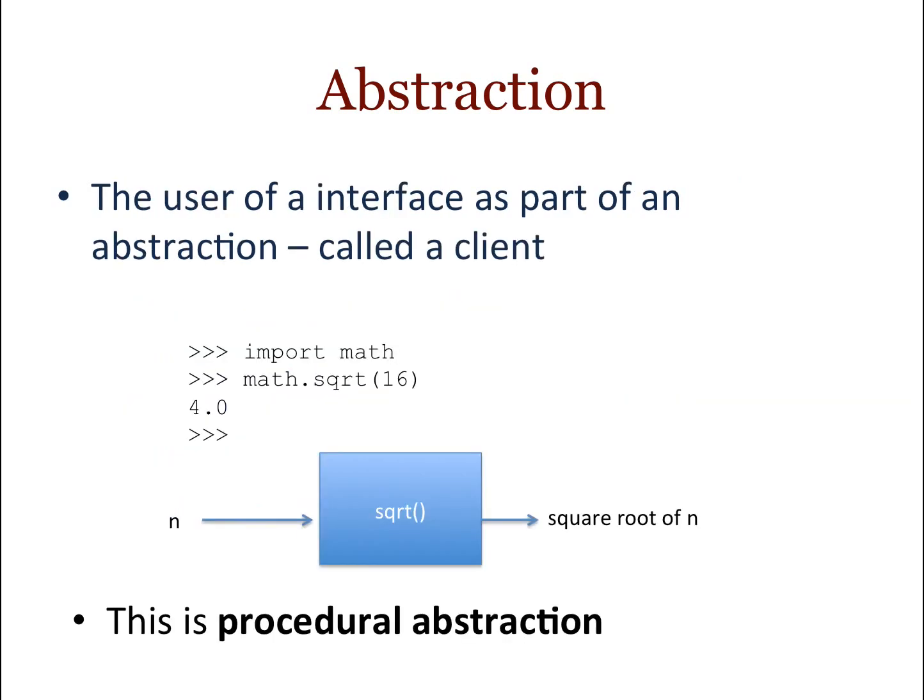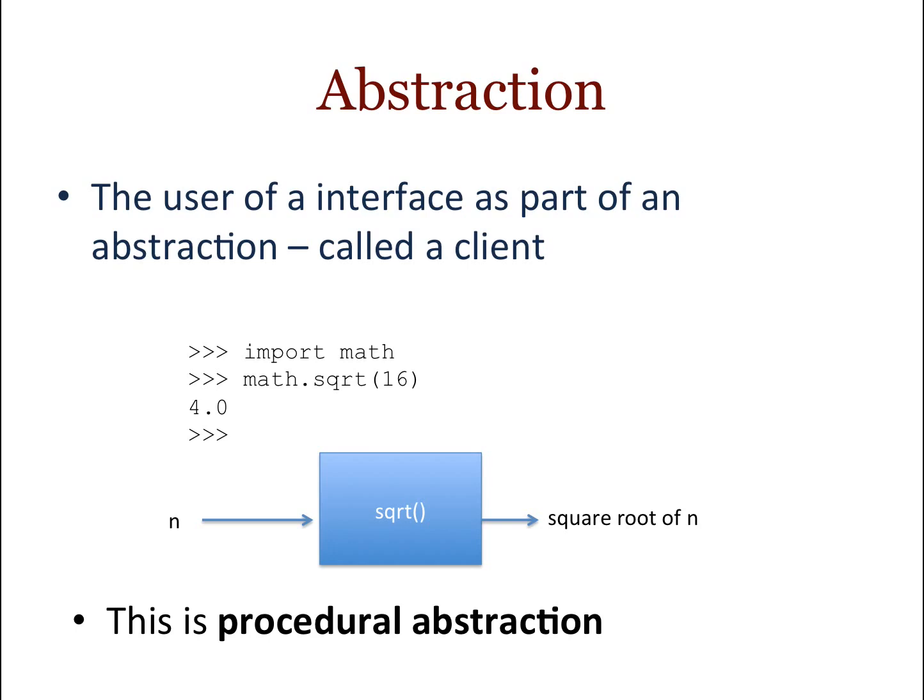So here's an example of an interface that's part of Python, and this is similar to what in Java or C++ you had as functions. You could call a function to give you the square root. So here in Python, you can call a function to give the square root of 16, and it prints out the result. Somewhere someone has written this function which has computer code inside of it.